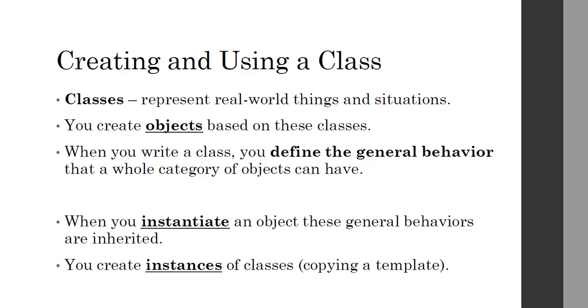Object-oriented programming is one of the most effective approaches to writing software. In object-oriented programming, you write classes that represent real-world things and situations, and you create objects based on these classes. When you write a class, you define the general behavior that a whole category of objects can have.